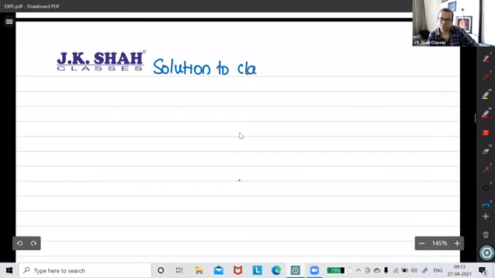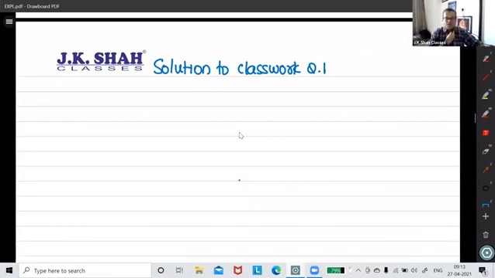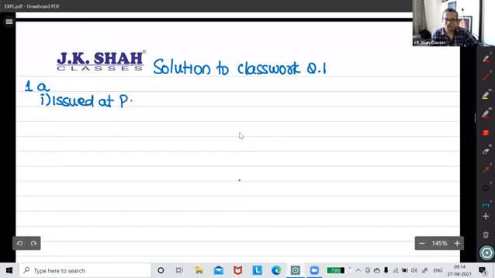Solution to question 1. In that first part, issued at par. So net proceeds will be 100 rupees.